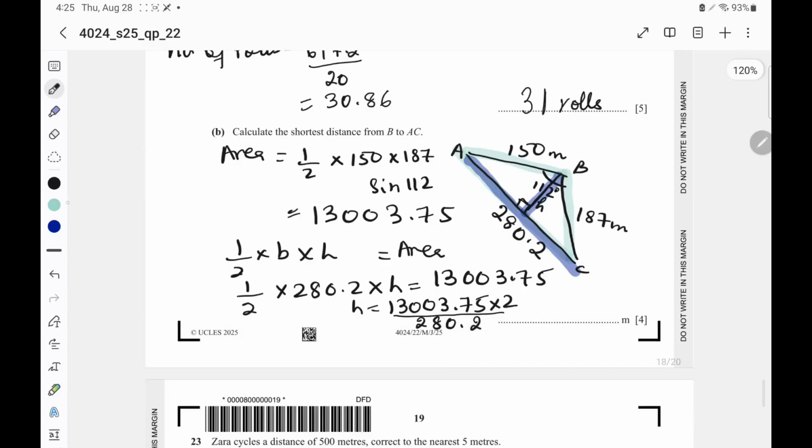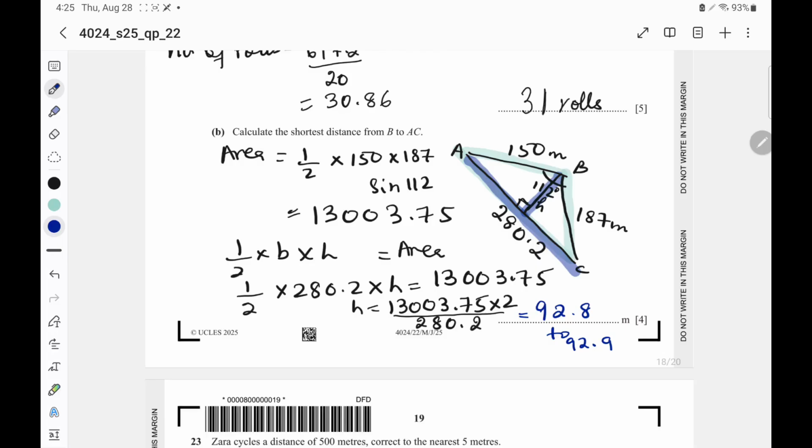So your answer will be 92.8 meters, or the range is 92.8 to 92.9. That is acceptable. If you do it by yourself, your answer should come in the same range.